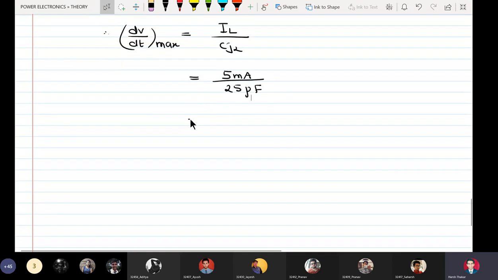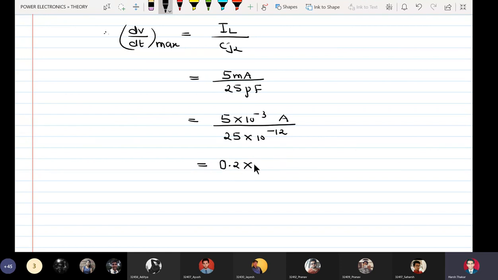So which is equal to 5 into 10 raised to minus 3 ampere upon 25 into 10 raised to minus 12, which is equal to 0.2 into 10 raised to plus 9.